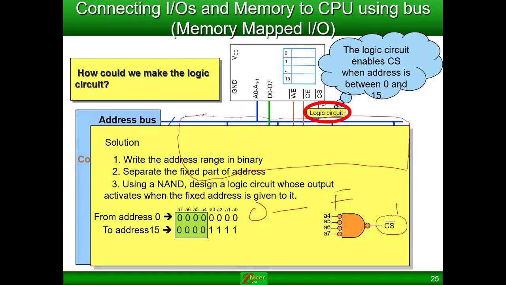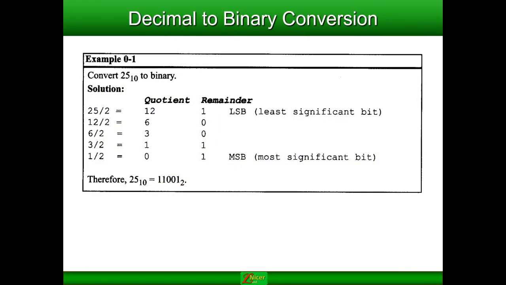So when we give the fixed address to the NAND gate, it will choose or enable the chip select.